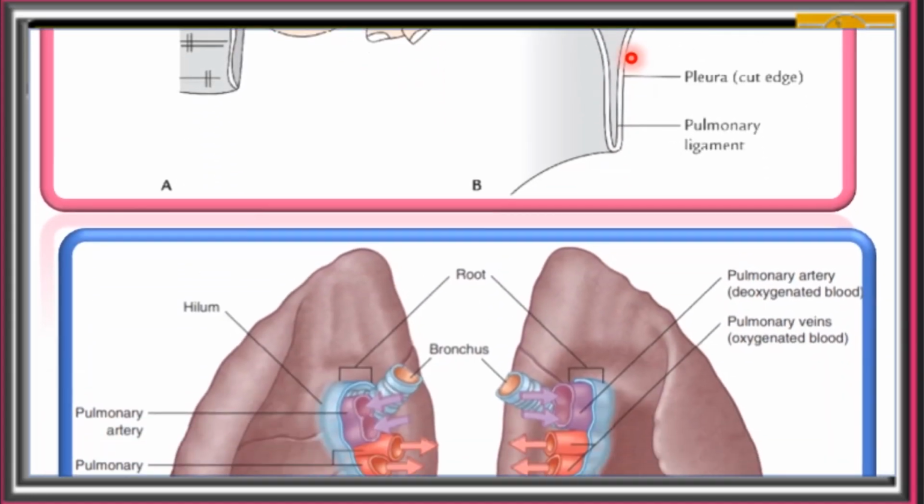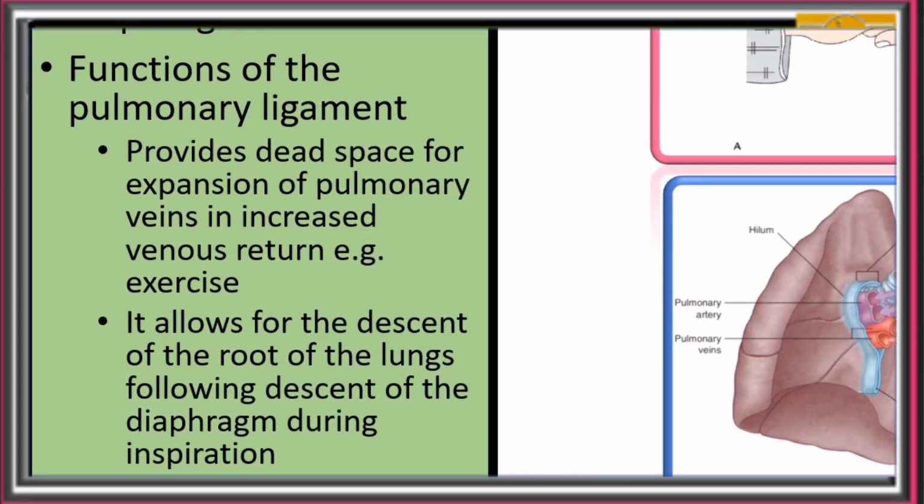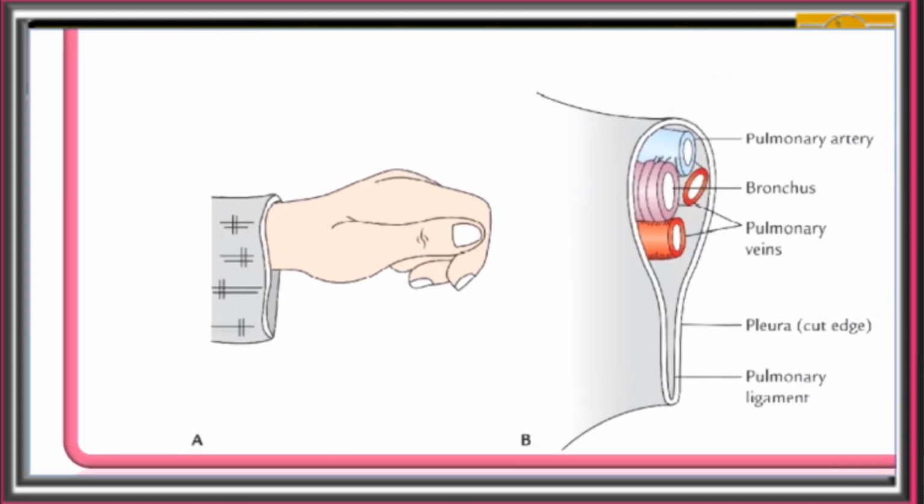Let's appreciate it one more time. In this illustration, here is the pleural cuff, and then here is the extension of the pleural cuff called the pulmonary ligament. Now, what is the function of this pulmonary ligament? Number one, it provides dead space for expansion of the pulmonary vein. Let's also look at this.